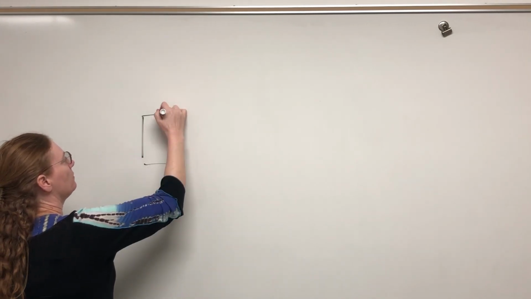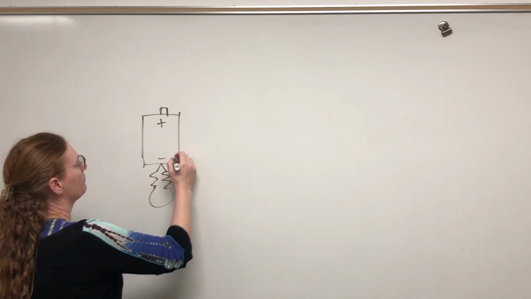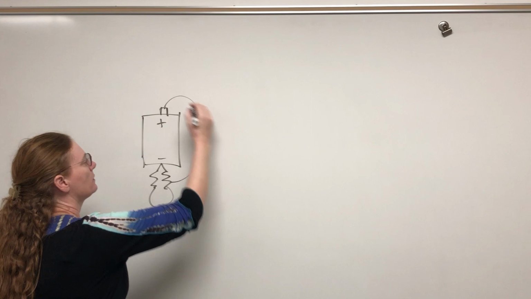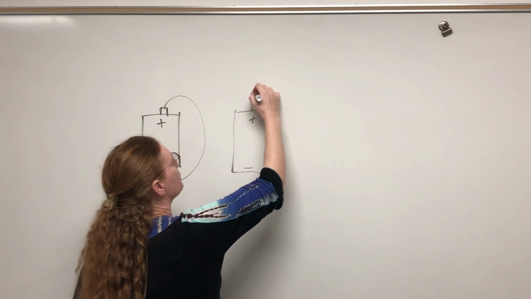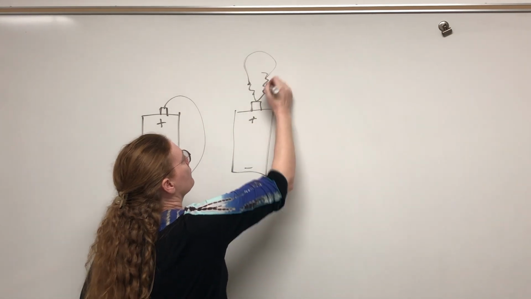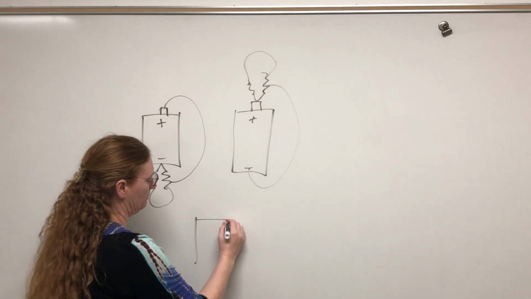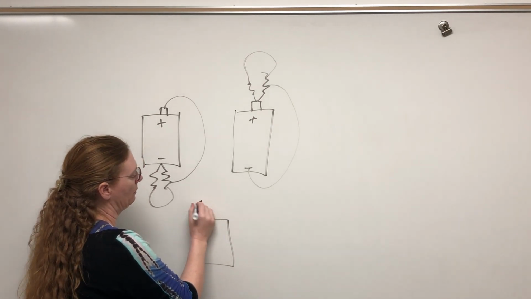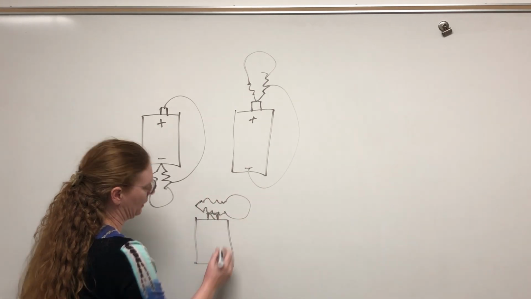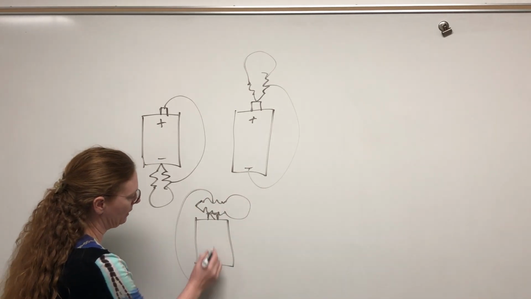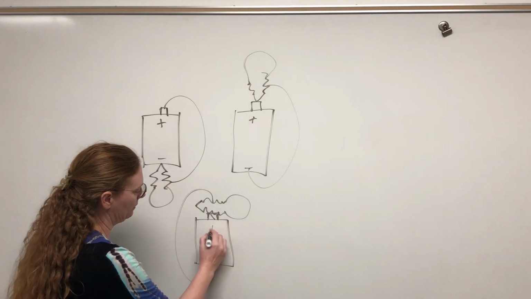So battery, plus, minus, and then you could put the bulb here, like that, or you could do this, put the bulb here. You could also turn the bulb sideways. So battery, and there we go, and then down to there.